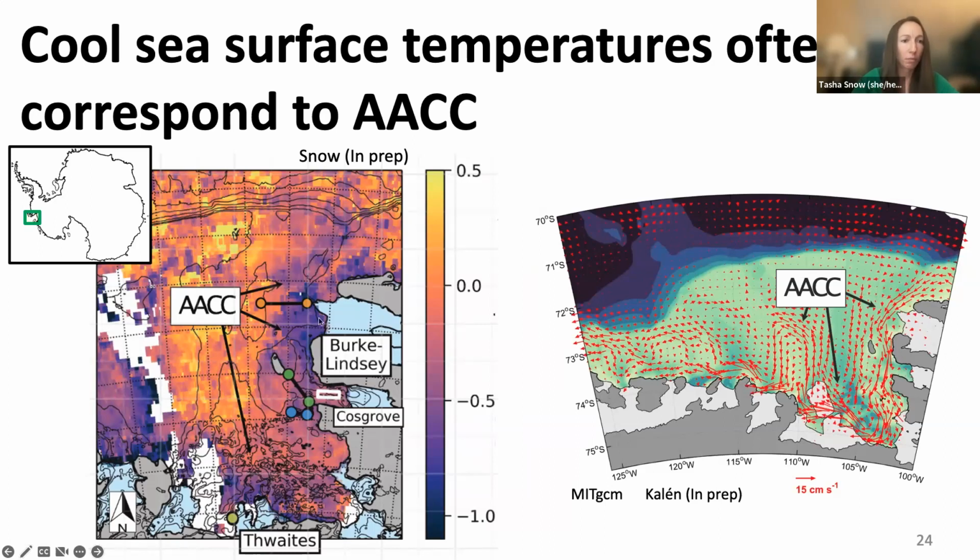So the blue colors are cooler temperatures. And you'll notice that in a lot of places, these blue colors are located close to the coastline in places where here on the right, this GCM output showing us where it expects the coastal current to be in the Amundsen Sea.